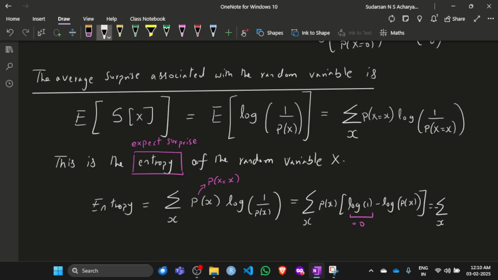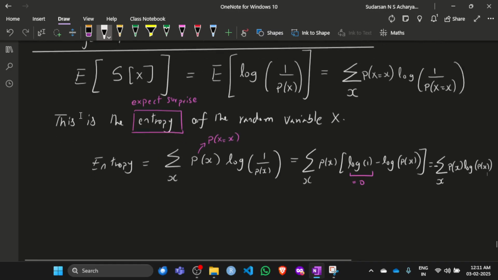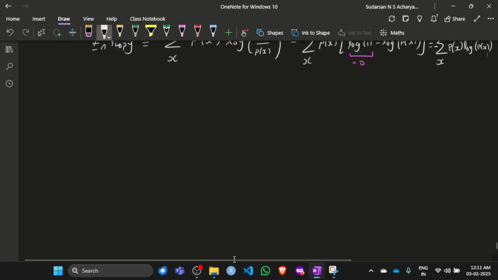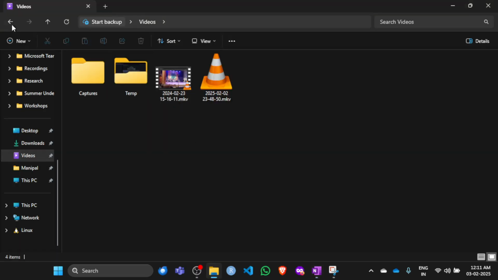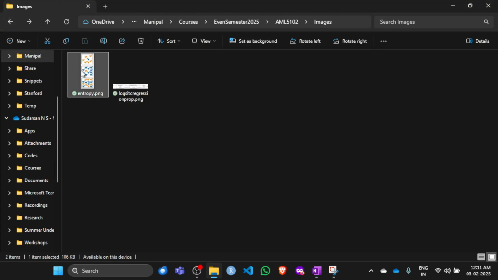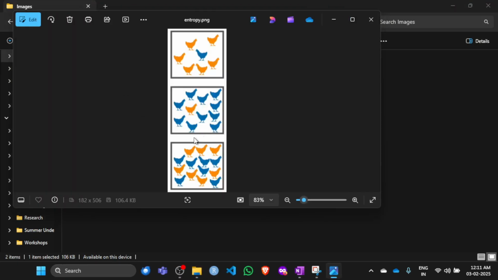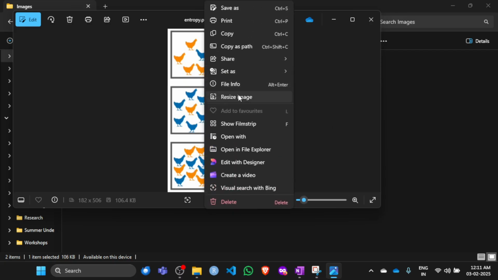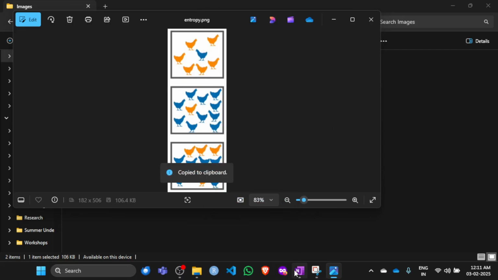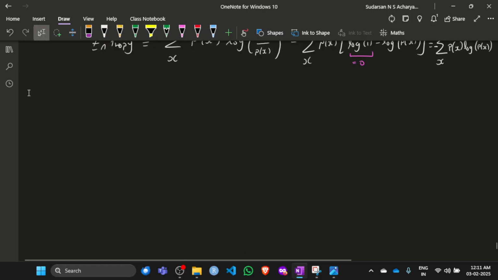The sum over all possible values of x, there is a minus sign, the probability that the random variable takes the value x times the log of the probability that the random variable takes the value x. This is how you would typically see entropy defined, right? So let's actually look at an example and try to understand why it makes sense to define the entropy like this. So I'm going to copy this picture and put it here.